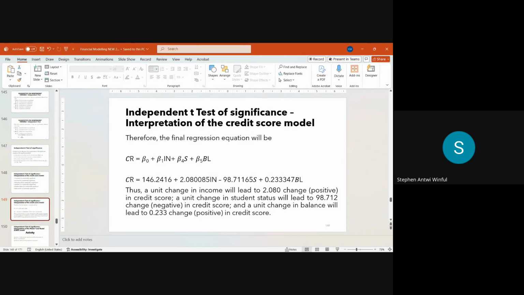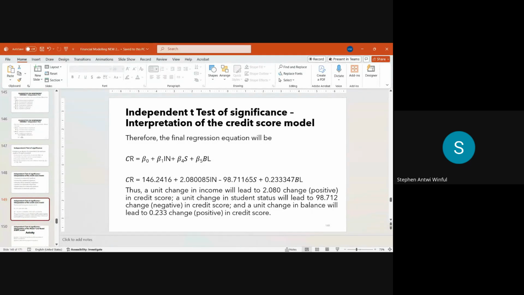And to explain this one, because we're using linear forms, not log-linear or double log, I've said 1 unit change would result in 2.08 change. If it was logs, then we would say 1% change would lead to a percentage change. But in this case, we're not using logs, and so it is just 1 against 2.08 unit change in the credit score. Is that okay? Similarly, for the student status, because the sign is negative, 1 unit change in student status would lead to a 98.7 change.